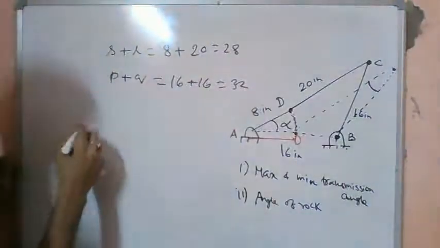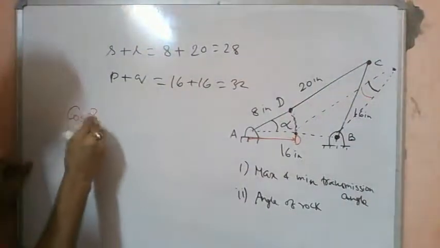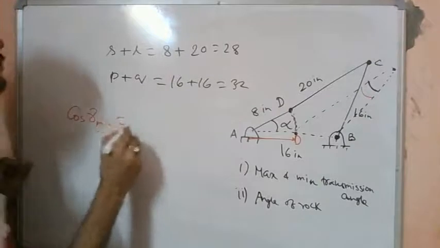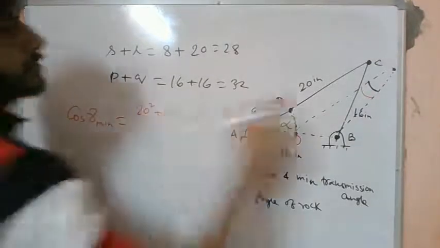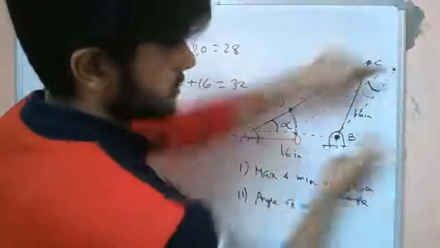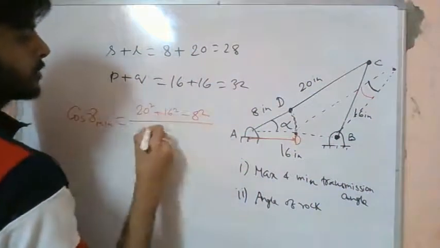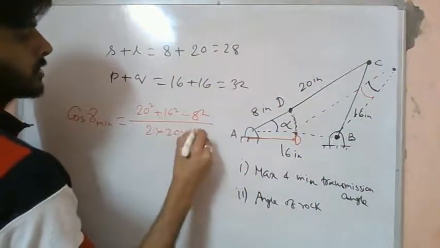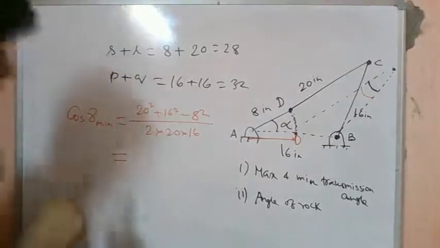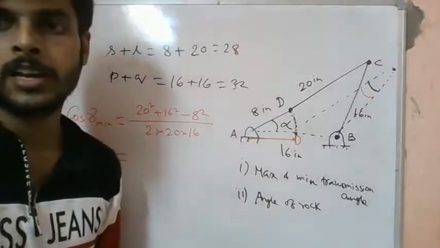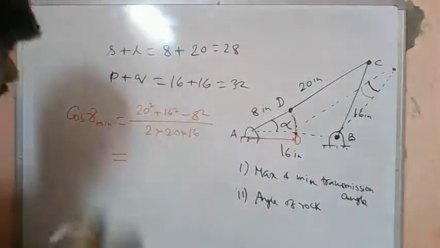So using the cosine formula, cos of gamma min equals 20 square plus 16 square minus 8 square, divided by 2 into 20 into 16. This is the expression for the minimum transmission angle. So this becomes 0.925.